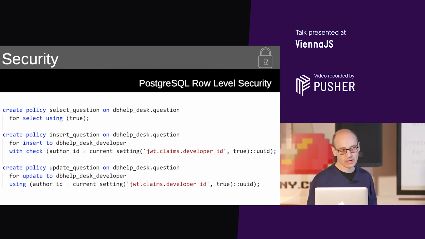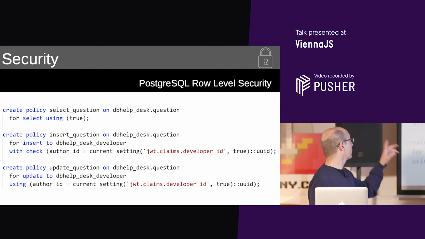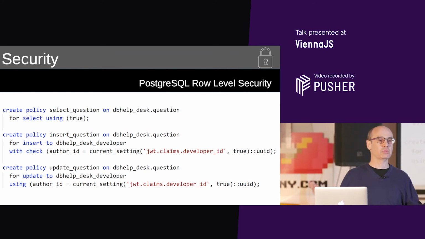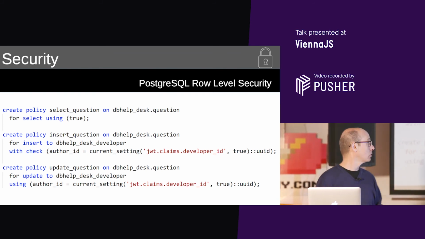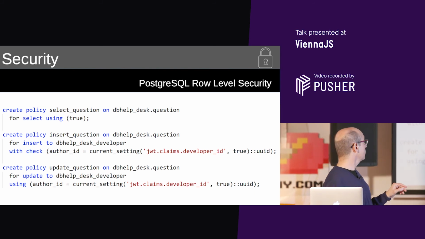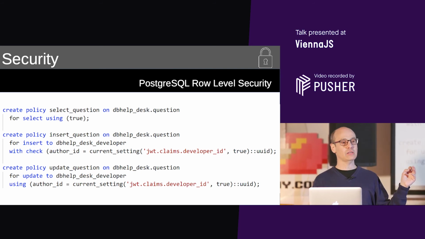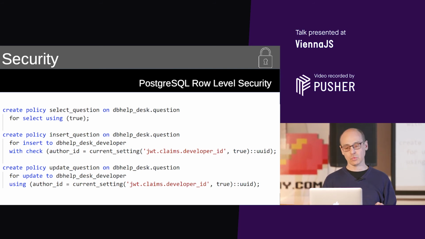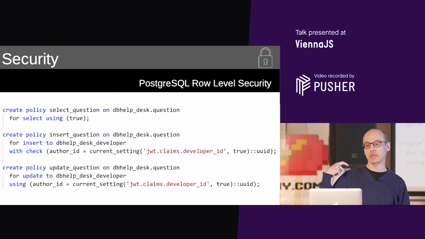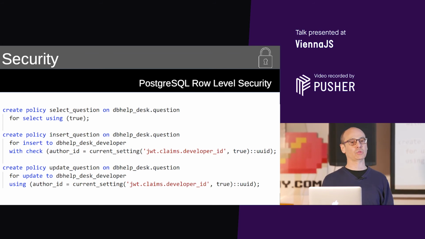For example, in this case, for the table question, I'm letting everybody be able to select because everybody can read the questions. But if I want to insert a question, I'm going to verify that the author ID, the field that I have on the question, corresponds to the developer ID that I'm storing in my JSON Web Token.